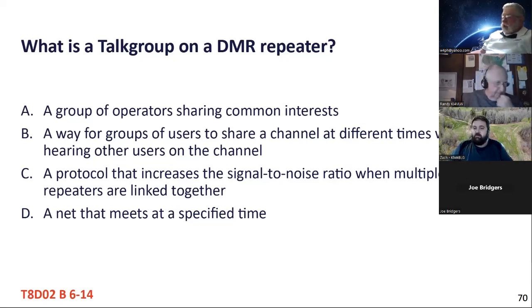It's basically using a computer chip to convert your voice to data, send it over the radio, then a different chip to convert it back to voice. And it's got some really cool other capabilities. Like earlier, Randy mentioned talk groups, which is basically within a DMR repeater, you can have multiple talk groups, which are kind of like multiple channels. So one repeater can have multiple channels on it. But you have to have a special DMR radio to do it.